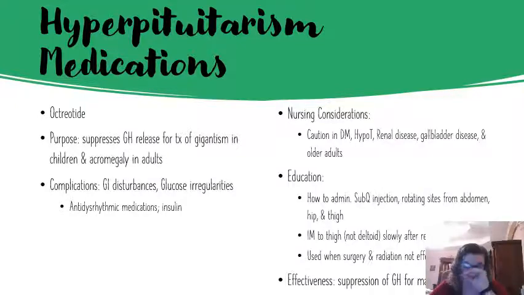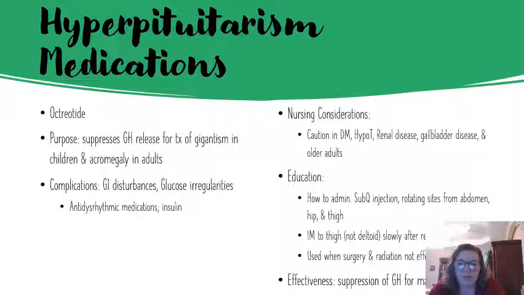Now, typically clients with an overproduction of growth hormone who have gotten to the point of gigantism or acromegaly usually have a lot of other organ issues or deficiencies. So this is going to be really tricky to find and be appropriate for clients.